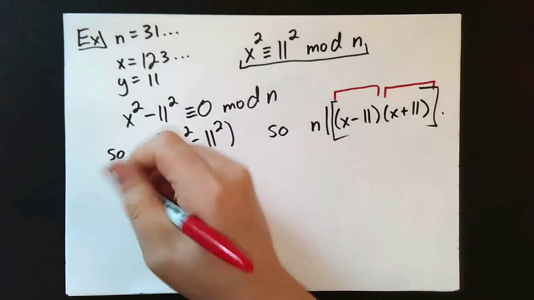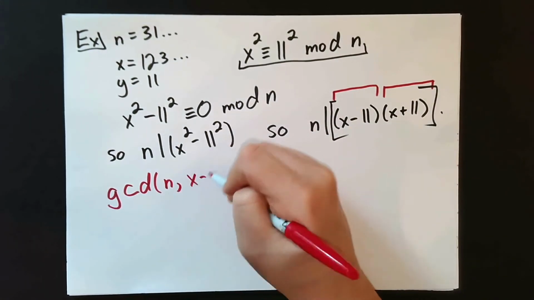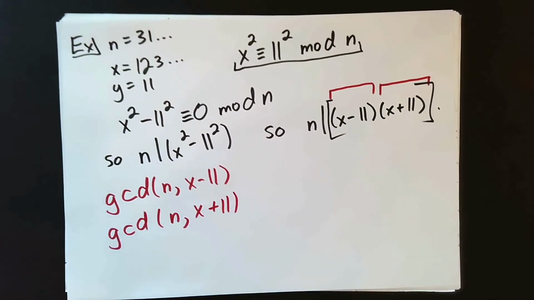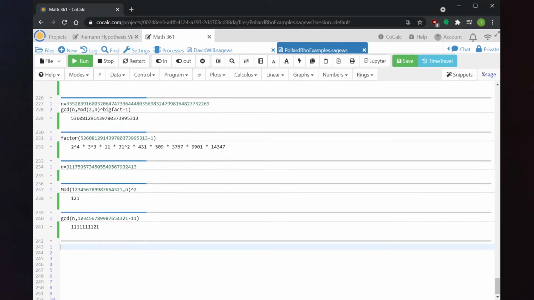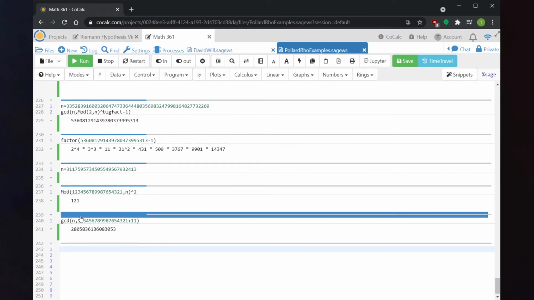That is to say, I'm going to calculate the GCD of n and x minus 11 and the GCD of n and x plus 11. So let's bring back up Sage and do that. And this GCD of this number minus 11 has spit out a factor of n. If instead we had taken x plus 11 and calculated that GCD, we'd have gotten the other factor of n.